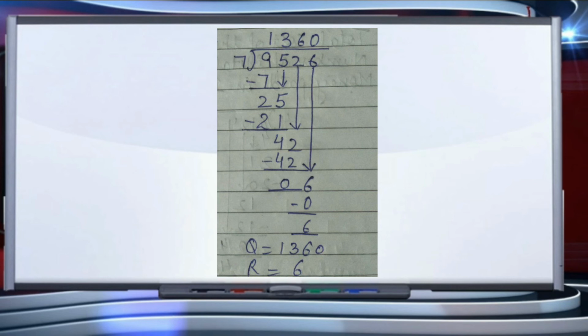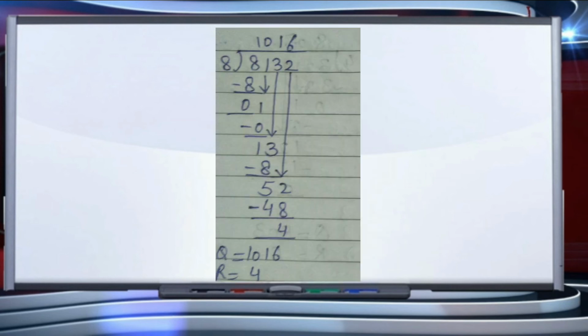In the eighth question, we are having 8132 divided by 8. When we divide 8132 by 8, we are having 8 ones are 8. 8 minus 8 will be equal to 0. Then we are having 1. 8 is greater than 1. So 8 zeros are 0. 1 minus 0 will be equal to 1, and bring 3 down.